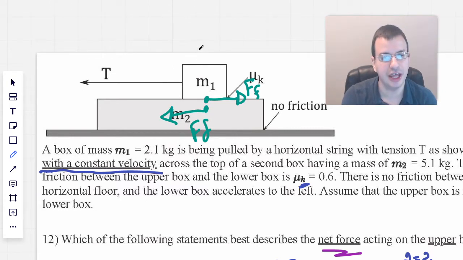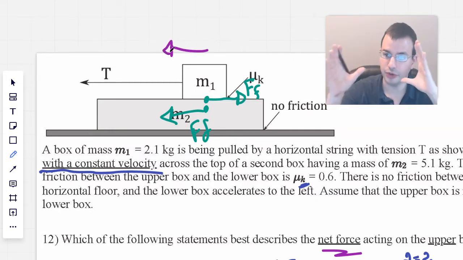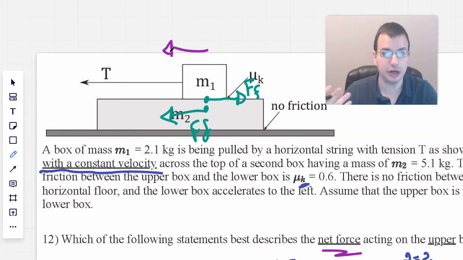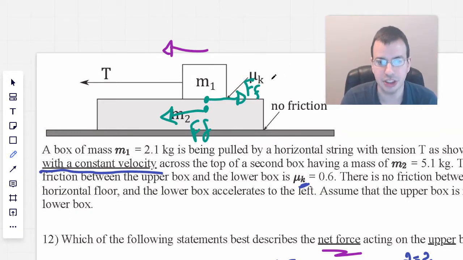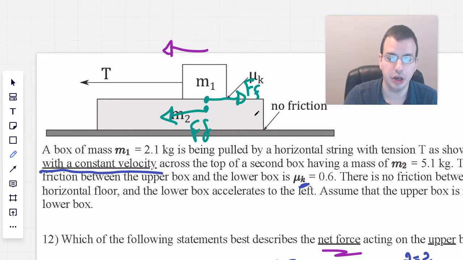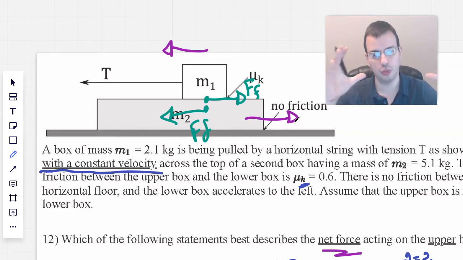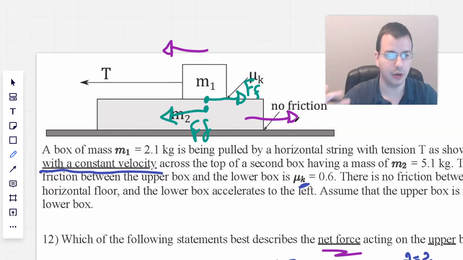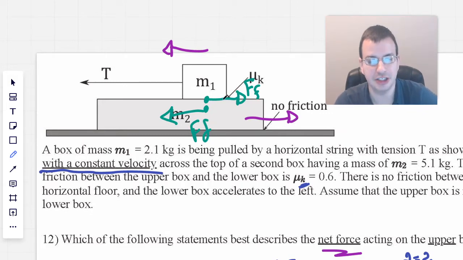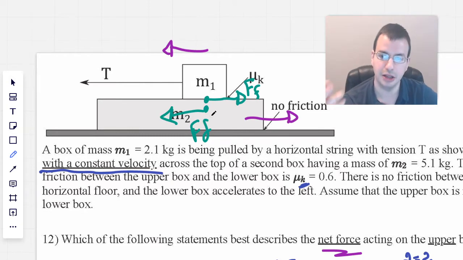So if our reference frame was following M1, moving along with it so it looked like M1 was stationary, then since M1 is moving faster than M2, it would look as if M2 was moving to the right. And moving to the right relative to M1 would cause the force of friction to oppose the direction of motion, which would be to the left.